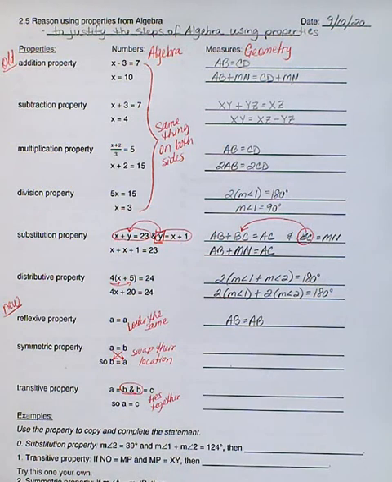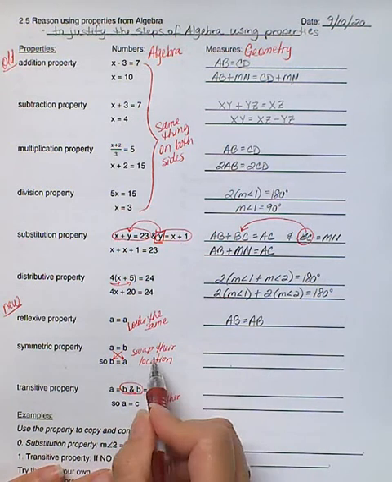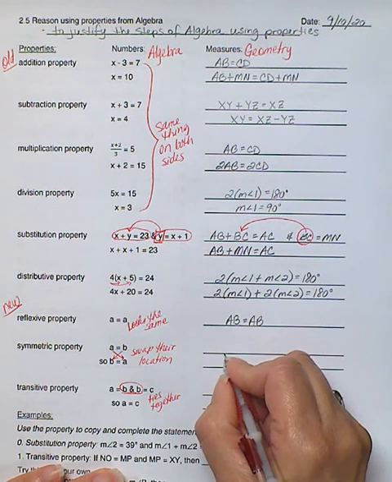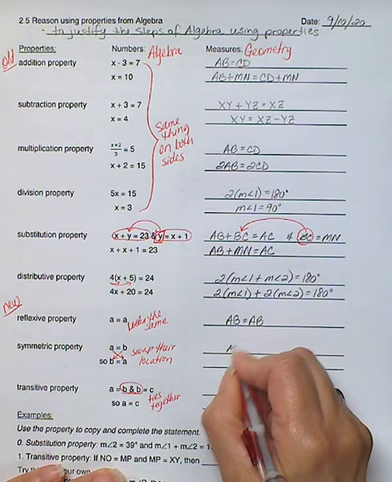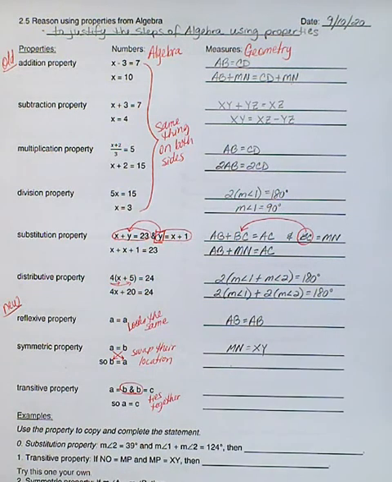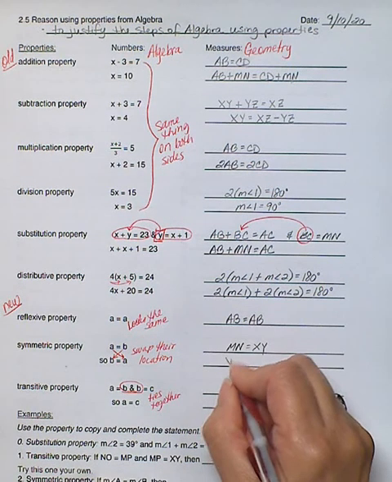So let's talk about the symmetric property. The length of MN equals the length of XY. So I have two segments that have the same measure. And the symmetric property says it really doesn't matter which one you say first, they're still equal. So if they were equal to start with, they're still equal.